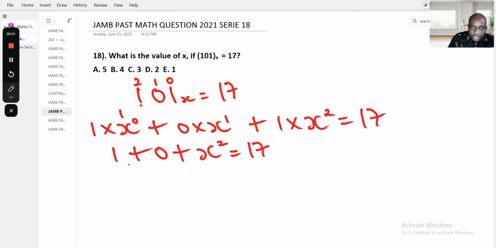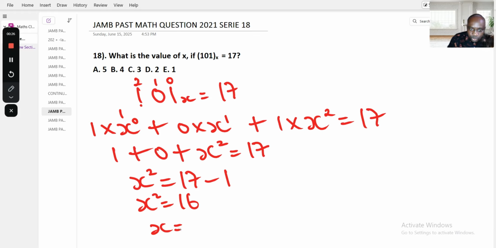This 1, just jump and go meet your elder brother here, which is 17. What we have left here is x raised power 2 equals to 17. When this one moves, jumps across the equals sign, it will change its positive to negative, because if you didn't see anything, it means that there is an invisible plus there. 0 is not relevant, just ignore that one. x raised power 2 equals to 17 minus 1, 16.